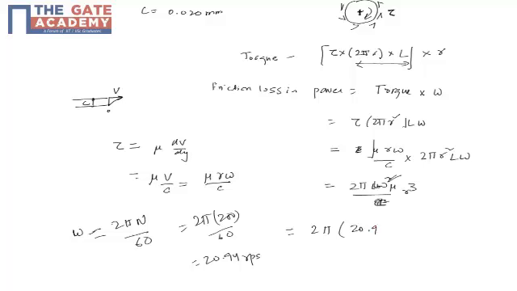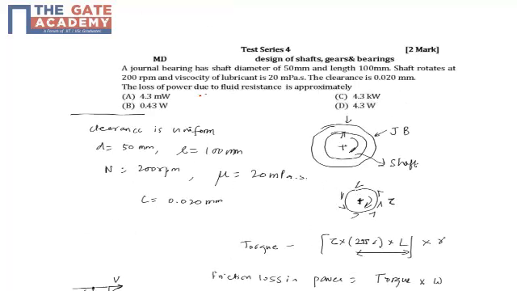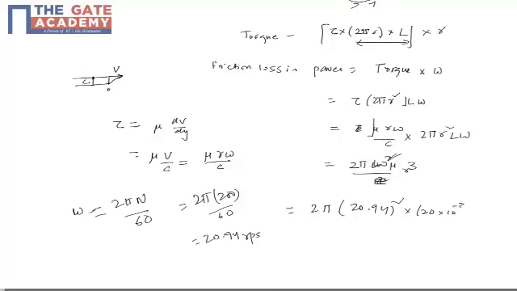So 20.94 whole square, mu is given as 20 millipascal seconds, so 20 into 10 power minus 3, and the radius is 25 mm since dia is 50, so 0.025, and the clearance is 0.020 mm, so 0.020 into 10 power minus 3.